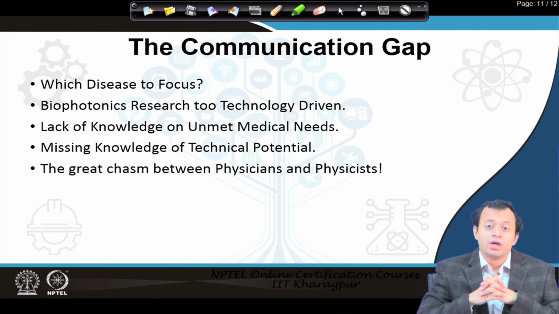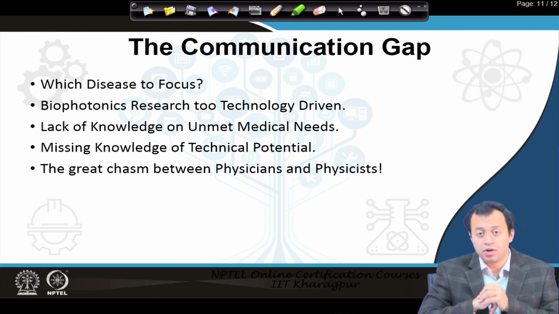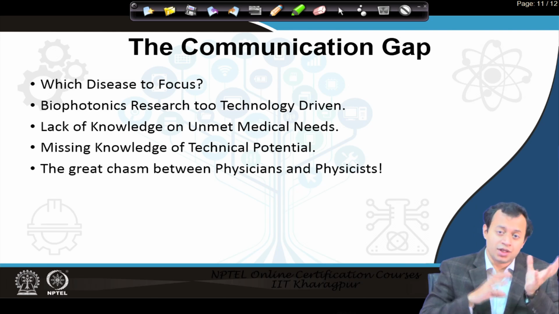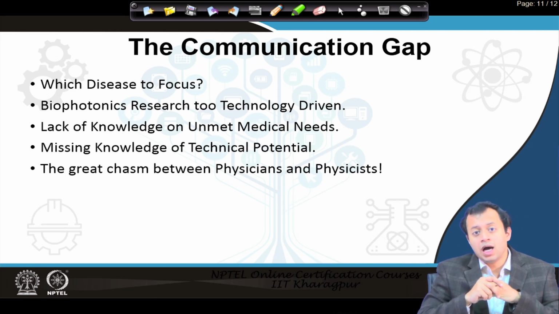We do not know which particular disease to focus. What are the most prevalent diseases which we could simply focus on to eliminate? I gave you example of tuberculosis, I gave you example of urinary tract infection. Shall we look for them, or we look for Alzheimer, Parkinson's, blood cholesterol, etc.